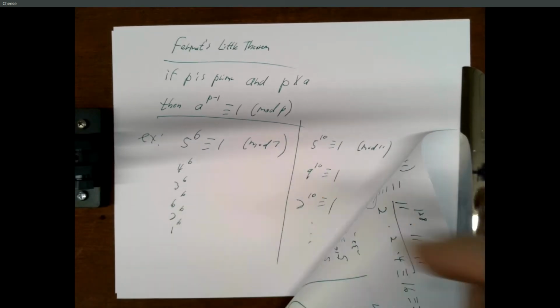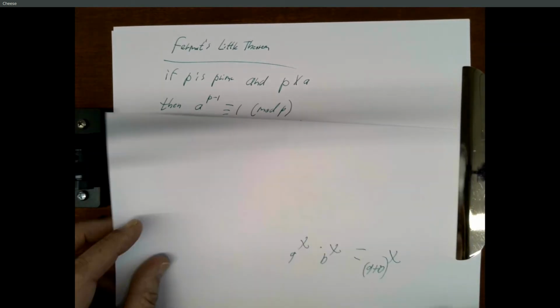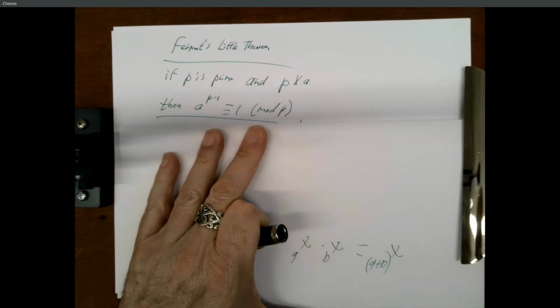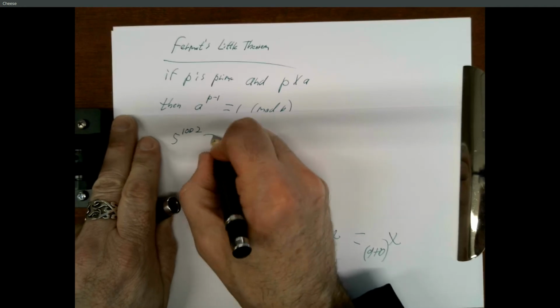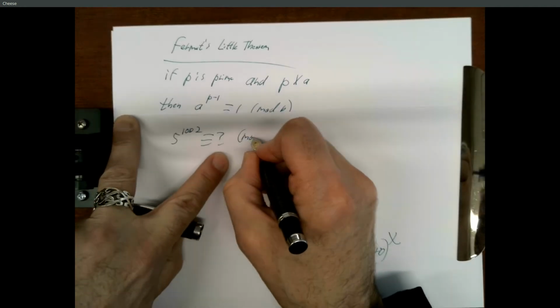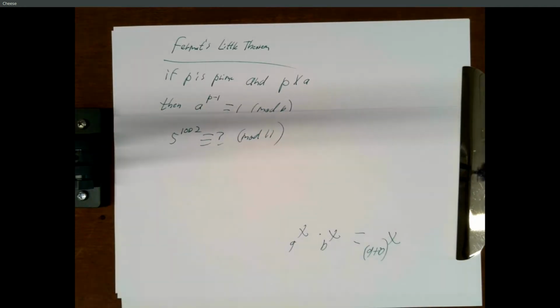So we know that 5 to the 10th is one more than a multiple of 11. Suppose we want to find 5 to the 1002 modulo 11.